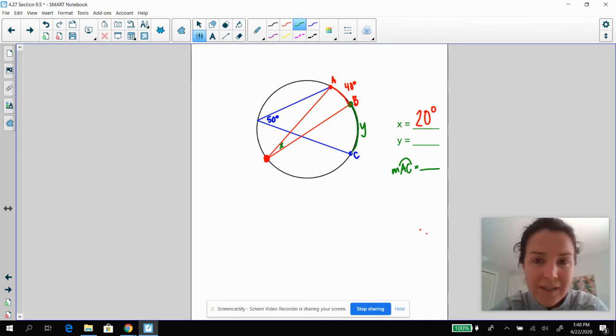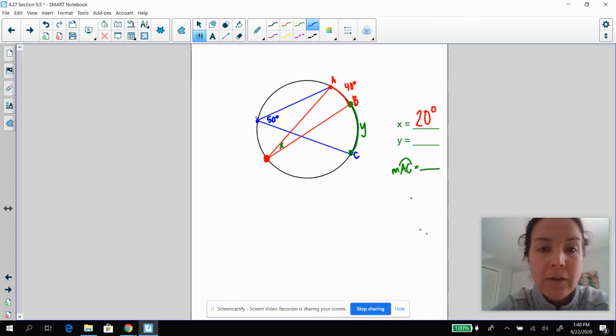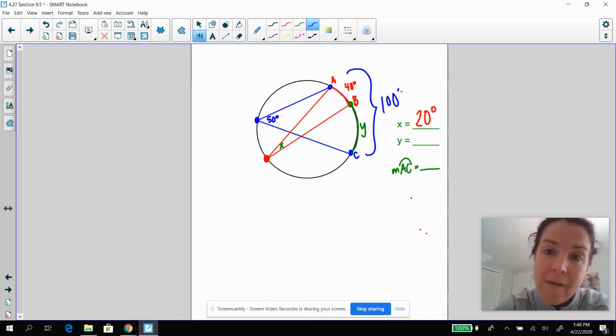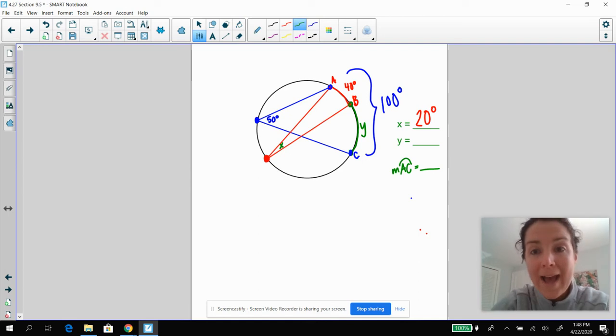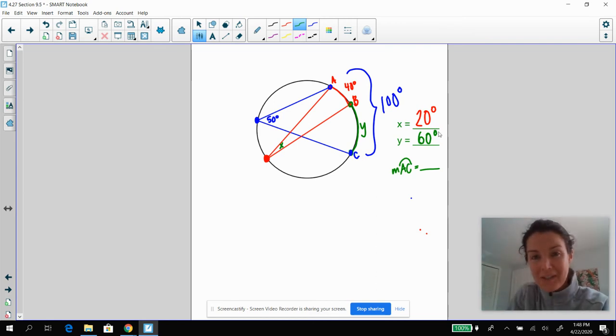Y is just this arc, and I don't have any inscribed angle that goes directly to just that arc. So instead, look, I've got another inscribed angle here. So I know then from A to C, arc AC is 100 degrees. So then I know that y has to be 60. Cool? And then the measure of arc AC is 100 degrees.